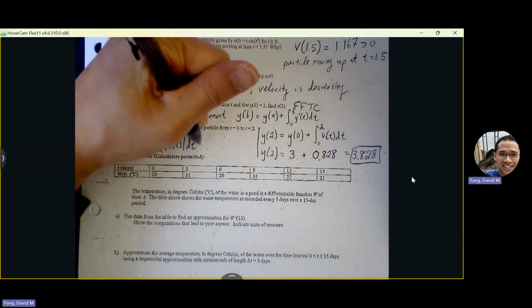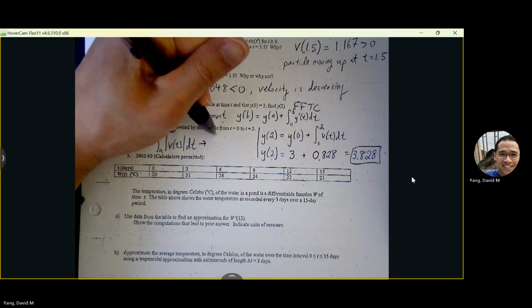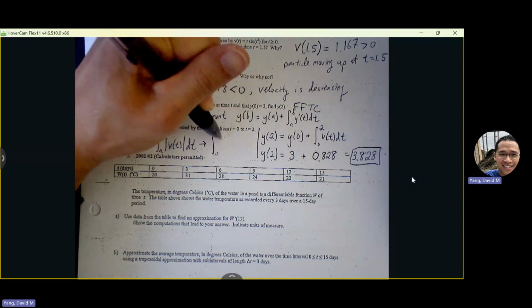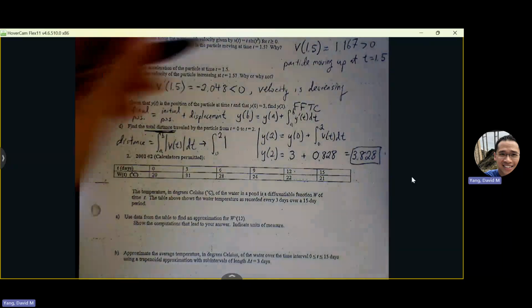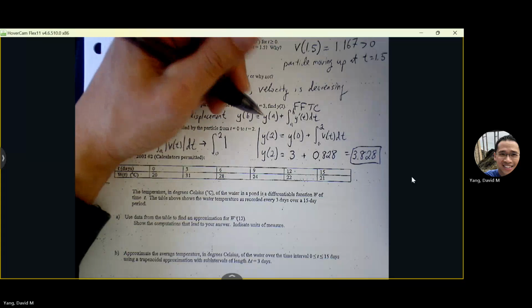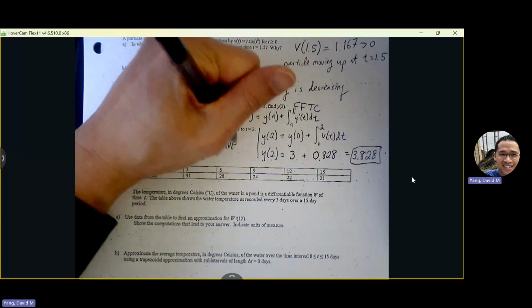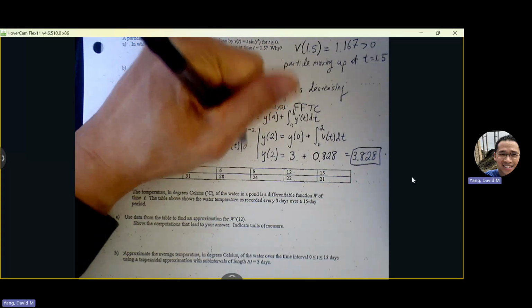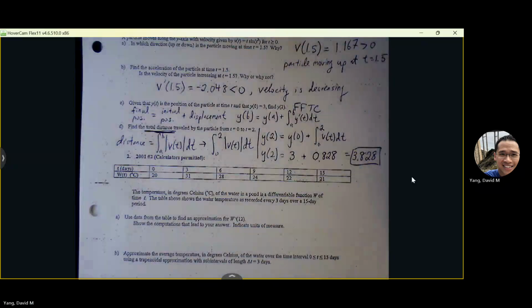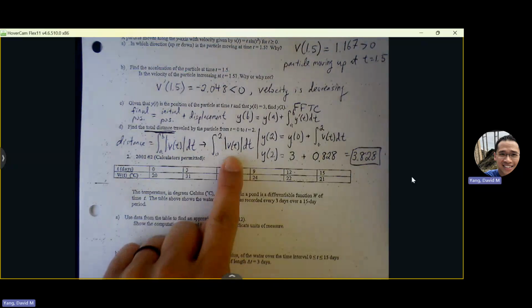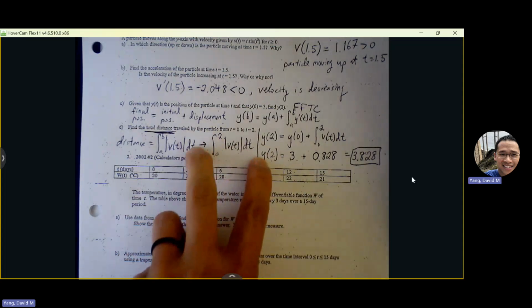So for our problem, it'll look like this. Integral from 0 to 2, absolute value of, in this case, v of t, which we can type in our calculator. Make sure your absolute value bar is only going around your velocity and not around the full integral.